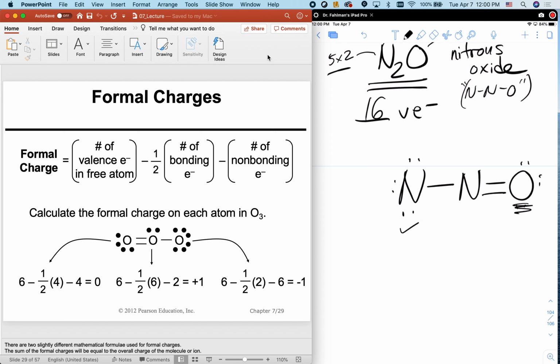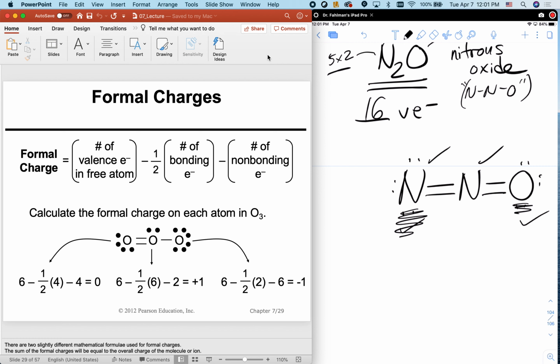Each of the, that one has an octet, that one, but the middle nitrogen still doesn't, right? So our only other kind of strategy here would be to promote those electrons. Okay. And so now, if we look at everything as far as having an octet, each of the nitrogens are surrounded by 8 electrons and the oxygen. Okay, so everything satisfies the octet rule.